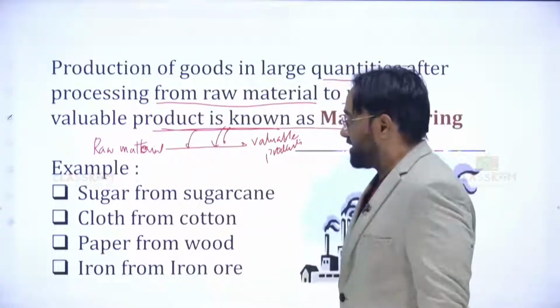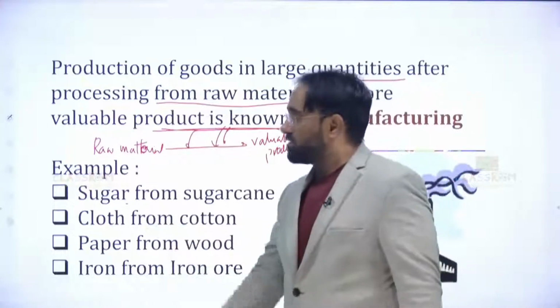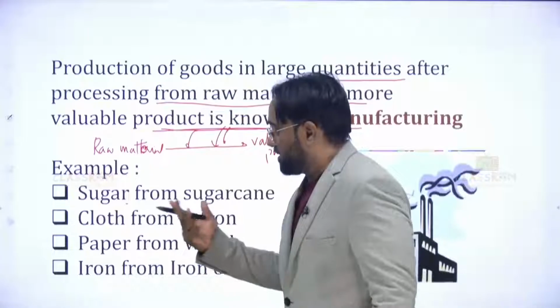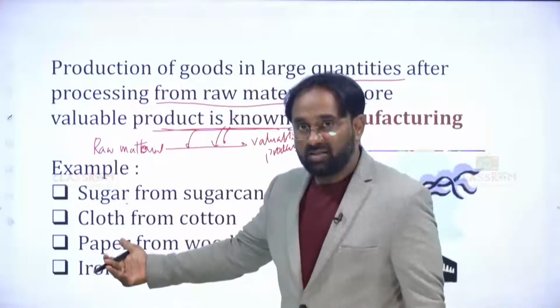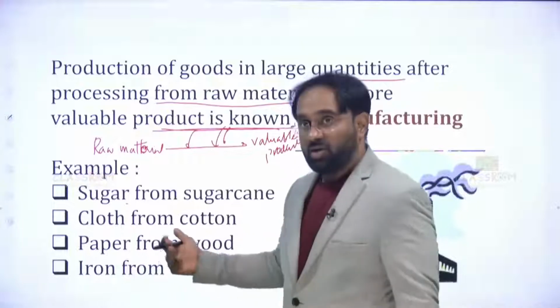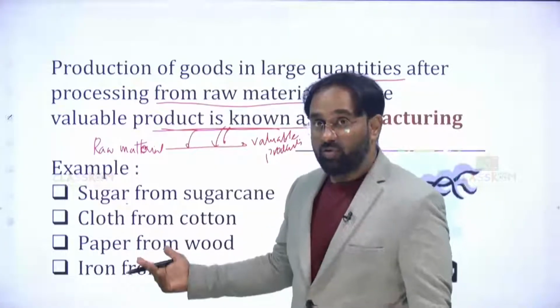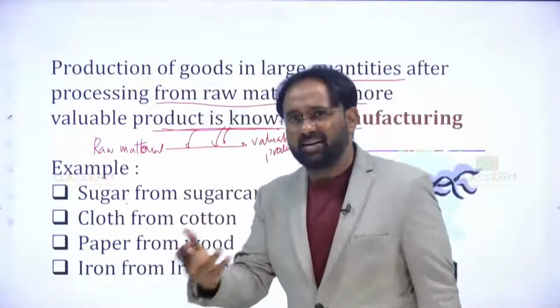For example, sugar from sugar cane. Sugar is a raw material from agricultural activity, or you talk about paper from wood, furniture from wood, automobiles from metals, iron ore extracted from the earth, all agriculture and allied activities.